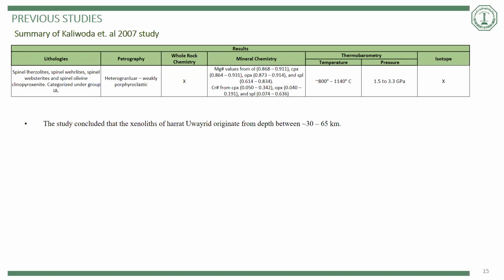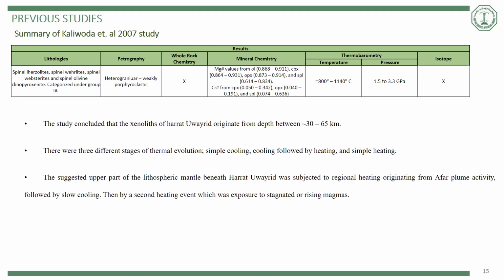The study concluded that xenoliths of Harrat Uwayrid originate from a depth of approximately 35 to 60 kilometers below the surface. There were 3 thermal stages that the mantle was subjected to, which are simple cooling, cooling followed by heating, and simple heating.